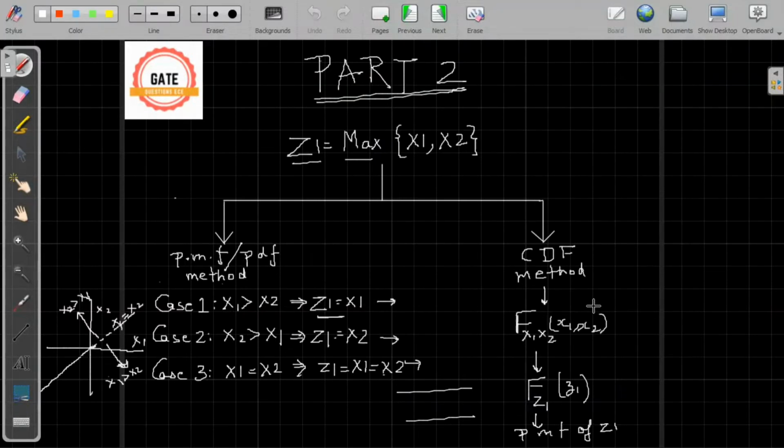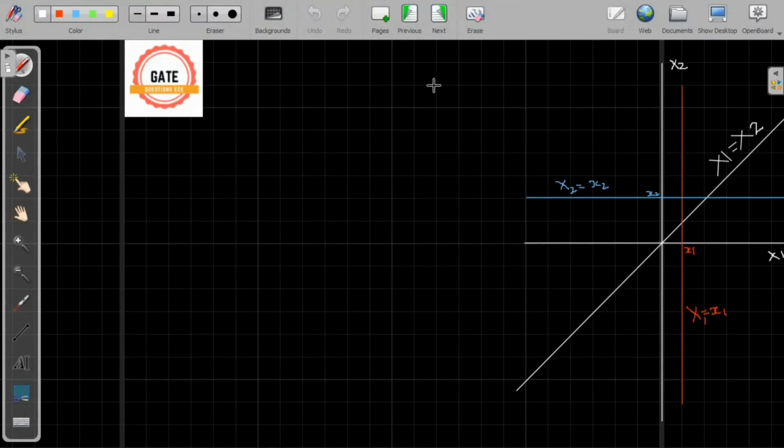Before going to the CDF method directly, I would first like to explain what the CDF itself is. So let's see what the CDF is. To explain this, I have already drawn a diagram over here, which I will be using in this explanation. For a single random variable, the CDF is represented by capital F with subscript X. Let's say X1 is a random variable. Then we denote it with capital F for some sample value x1.